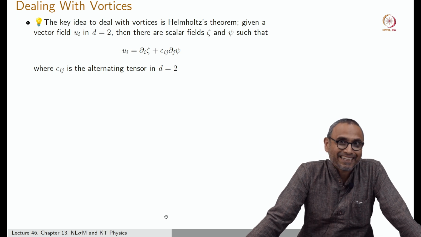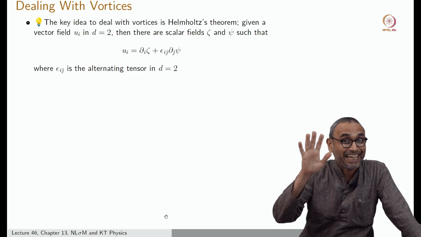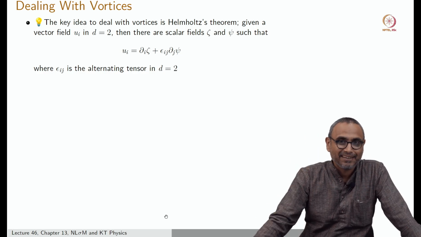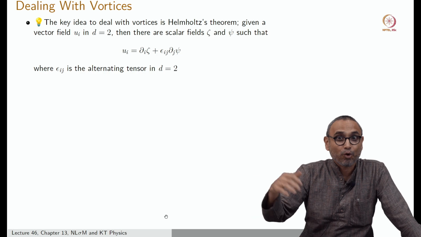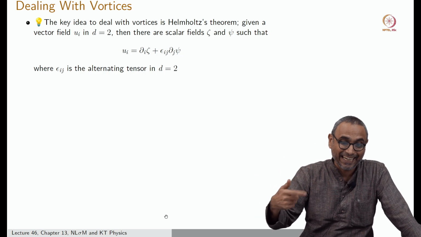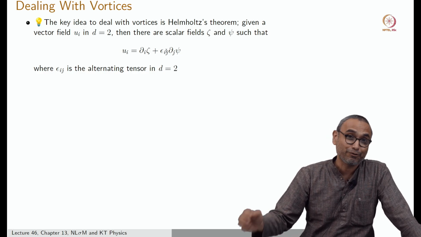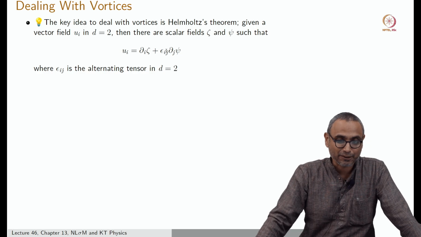So we know that any vector field, which formally now corresponds to the gradient of our angle, can be broken up into a conservative piece, the gradient of some scalar field, plus the curl of another vector field. This is called the Helmholtz theorem.